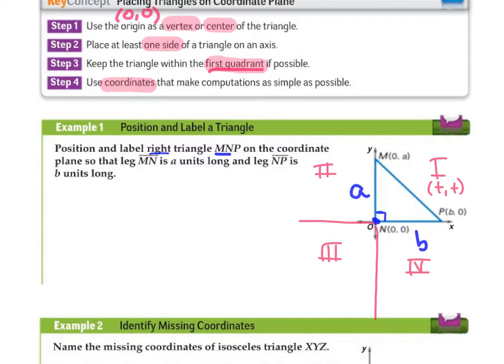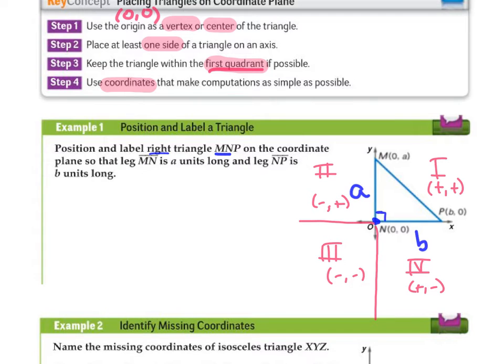So we have a positive x, positive y. Anything over here to the left is a negative x, positive y, negative, negative, and then positive, negative, okay? So seeing how both of our numbers are positive in this first quadrant, that's why we want to work with that, because it's a lot easier and more efficient to work with positive numbers than a bunch of negatives, right?